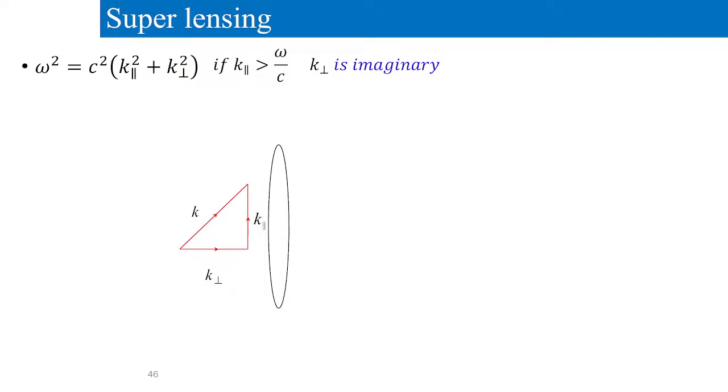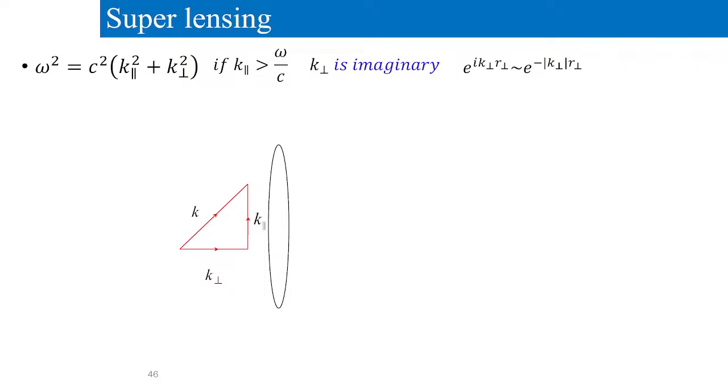If k perpendicular is imaginary, then in the propagating wave, which is of the form exponential i k r, the perpendicular component will be exponential i k perpendicular r. Since k perpendicular is imaginary, we can write exponential i into i absolute k perpendicular into r perpendicular.